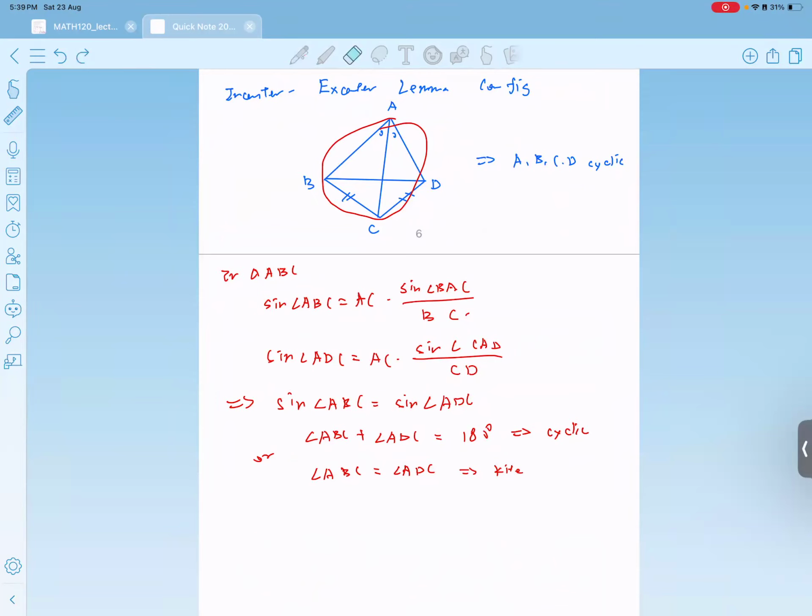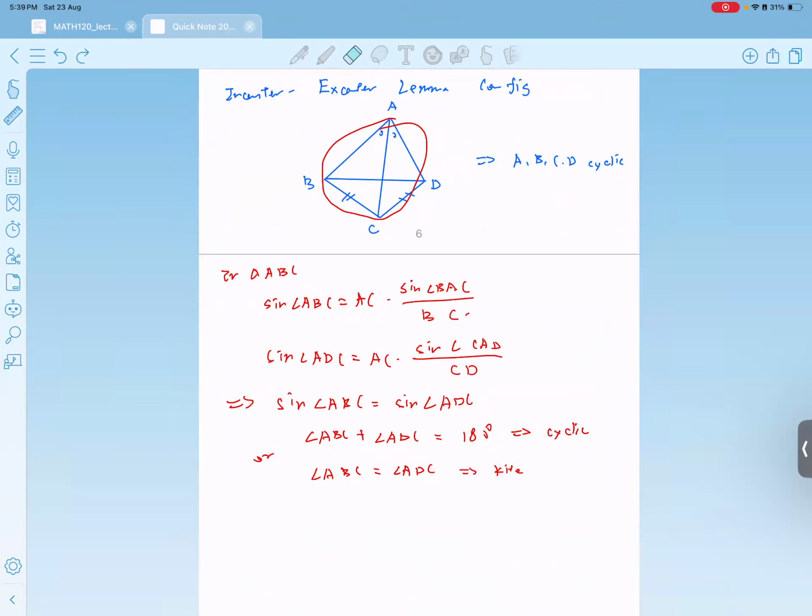Wait, but if it's a kite, why would it not work? If it's a kite, then it's not cyclic. I mean, you can just look at it. Like, this thing is not cyclic.